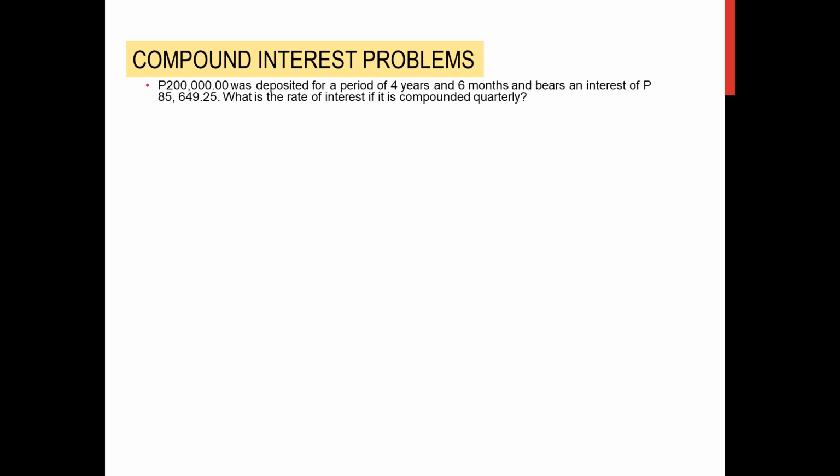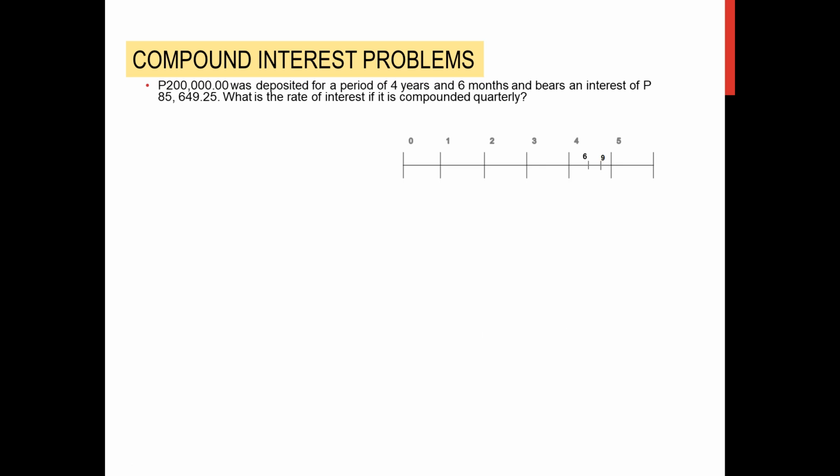So we are actually getting here I if it is compounding quarterly. Now 200,000 pesos is again the present worth, and the interest is 85,000. Knowing your interest and the principal, of course, we'll just add, that will be your future, right?